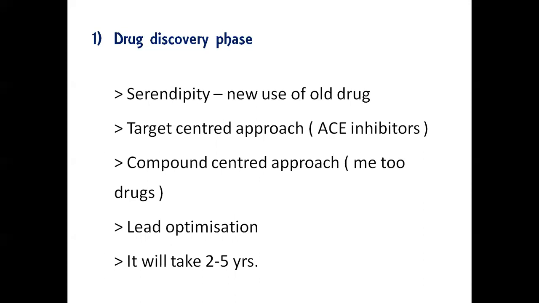We use lignocaine as a local anesthetic, but the same lignocaine can be used for arrhythmias also. So it is an older drug used for anesthesia, but a new use was found for arrhythmia. That is called serendipity. It's a lucky finding. In this way we are identifying new drugs.